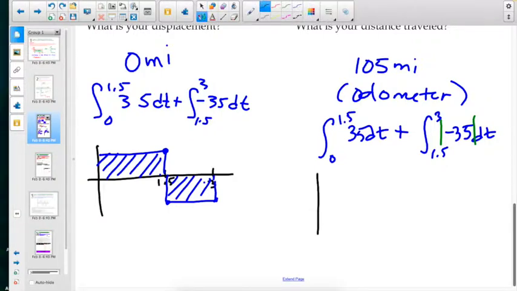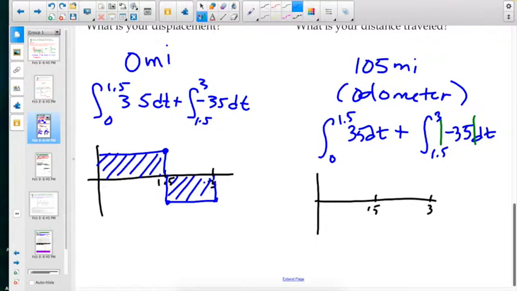But graphically, representing distance traveled is doing what to this graph? Yeah, taking the absolute value just means putting it back in the first quadrant, putting it back above that x-axis.